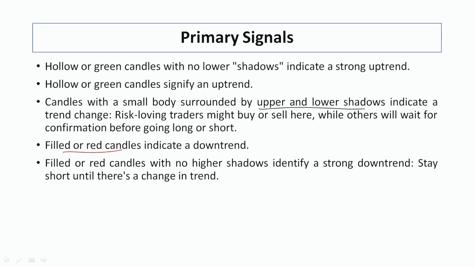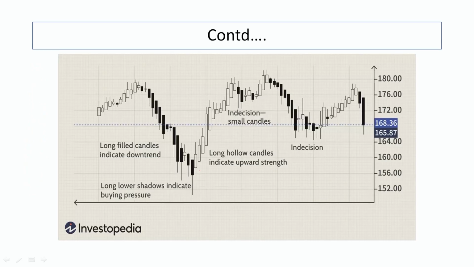Filled or red candles indicate a downtrend. Filled or red candles with no higher shadow identify a strong downtrend; stay short until then. These are the 5 conditions on the basis of which we can go for investment. If we get these types of signals, accordingly we can invest in the market.